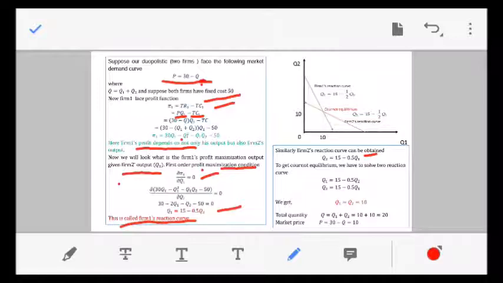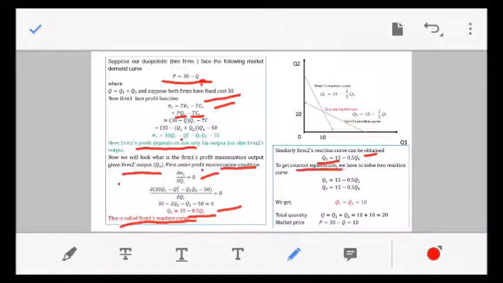But if you see both curves, Q1 is a function of Q2 and Q2 is a function of Q1, and both have negative signs. So Q1 is negatively related to Q2, and Q2 is negatively related to Q1.